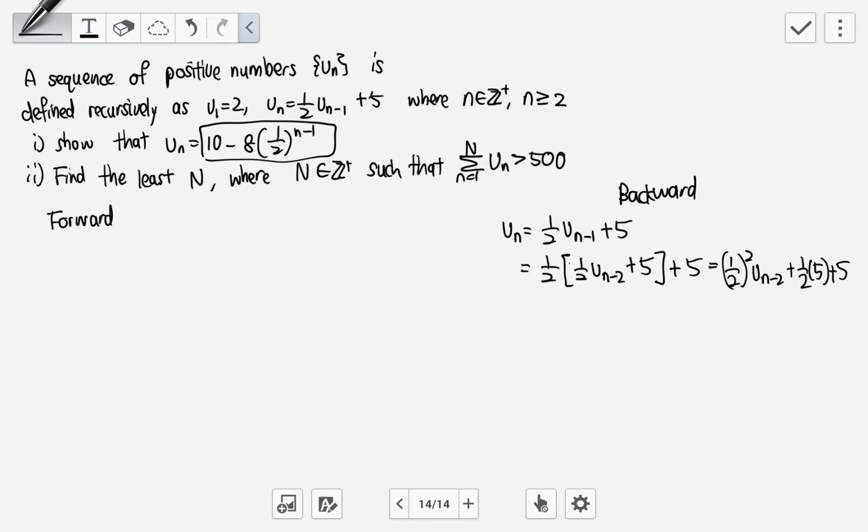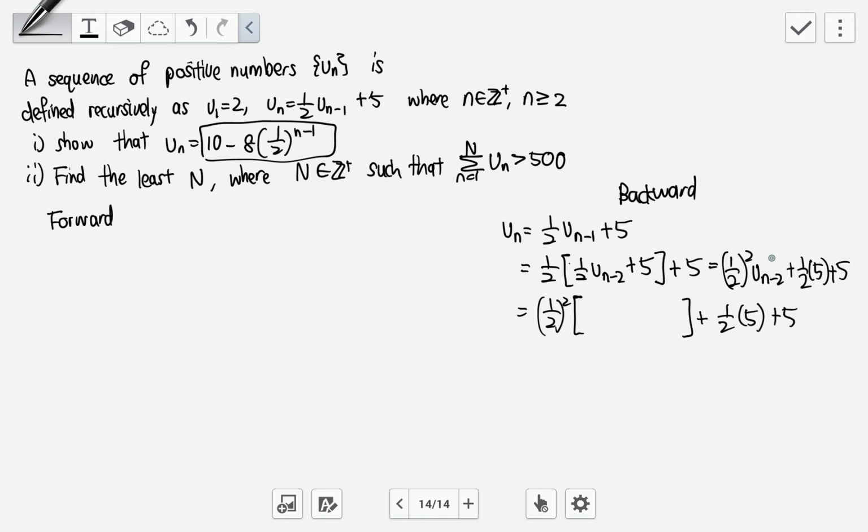It is similar to the forward method. Personally, I prefer the forward method. They will always work. As long as one method works, the other method would work.